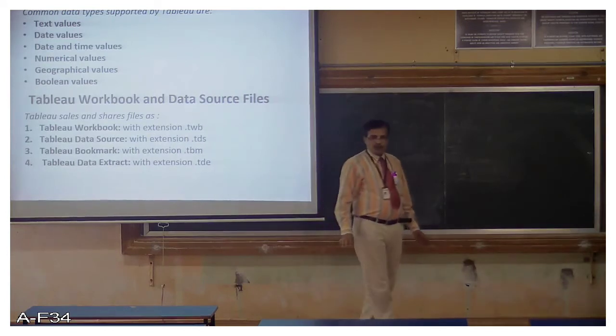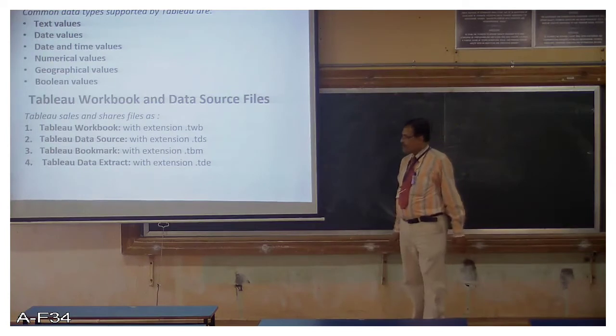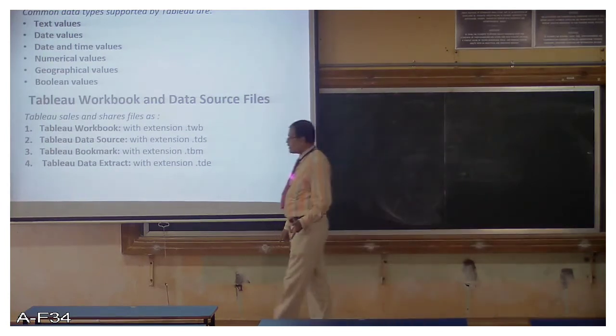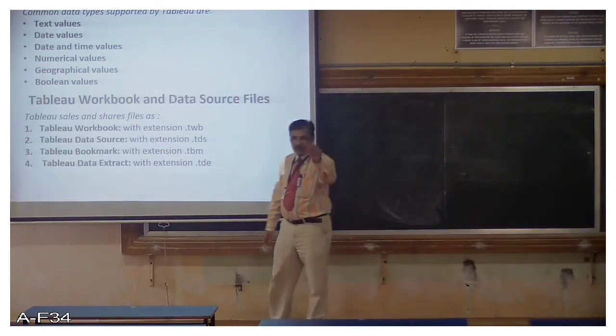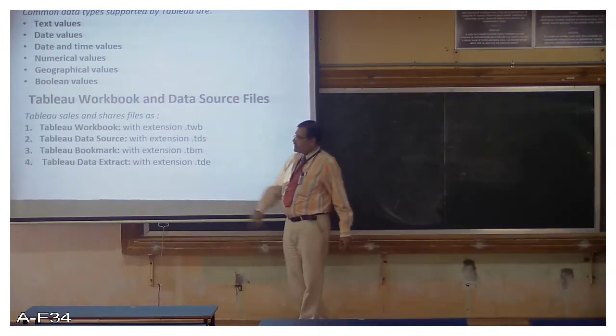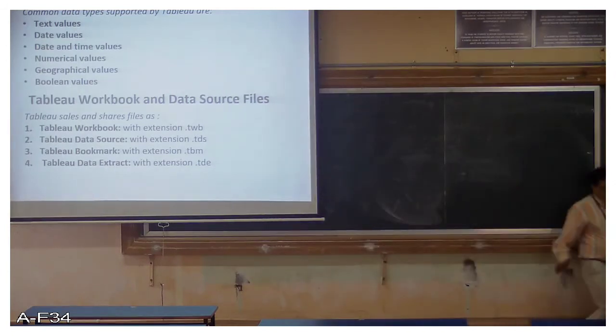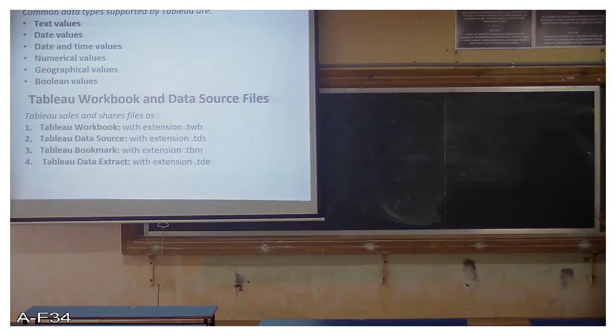If you don't specify any special type of source file, then by default it assigns the extension .twb to the work you are carrying out. So this is the normal workbook that is created by Tableau software.